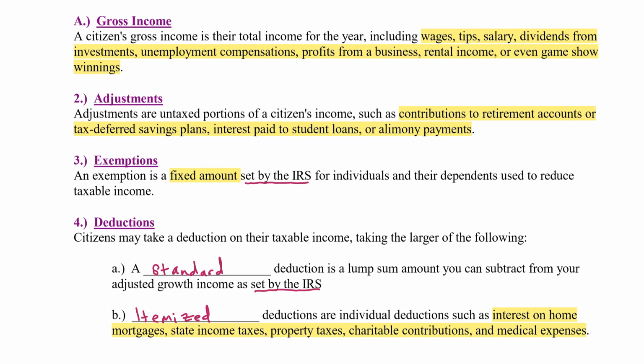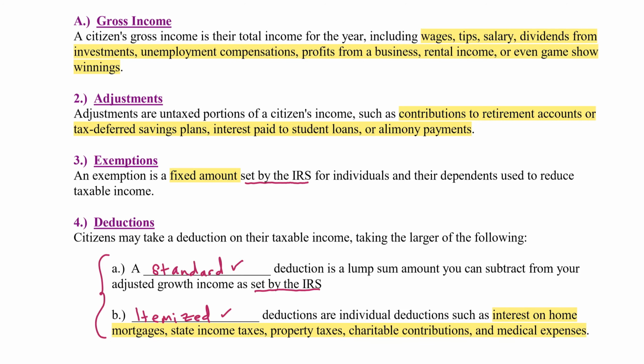So you are allowed to take the larger of those two. So the IRS is going to set this standard deduction, but if your expenses, if your charitable contributions, exceed that standard deduction, we're going to subtract that number because it has the power to bring your taxable income down and allow you to pay less tax.